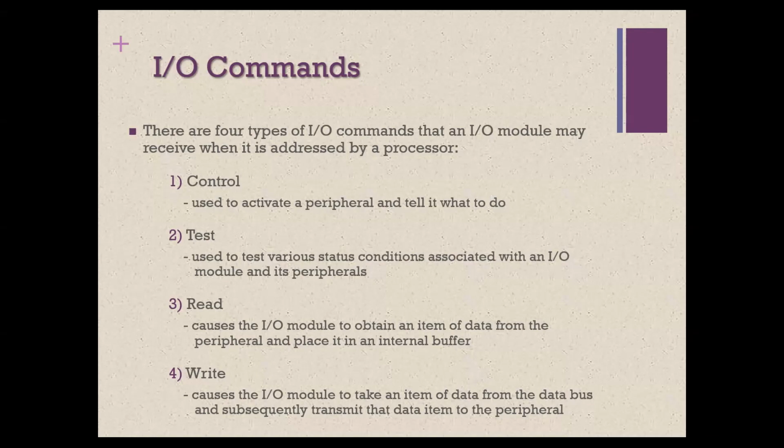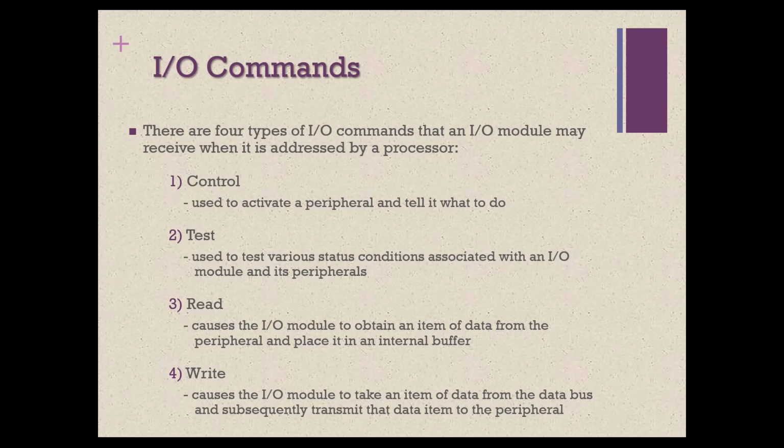Okay. Now we have the read command. The read command causes the IO module to obtain an item of data from the peripheral and to place it in an internal buffer that was depicted in the diagram. The processor can then obtain the data item by requesting that the IO module place it on the data bus.